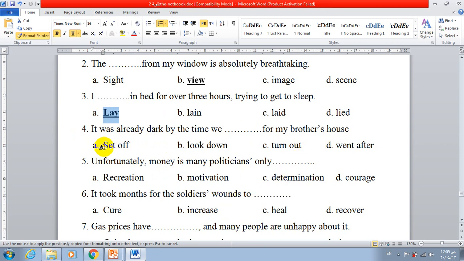Okay, the right answer is letter A, set off. When we want to begin a journey to a place or to another house, we use the word set off. Not lockdown, turn out, went after. They are wrong.